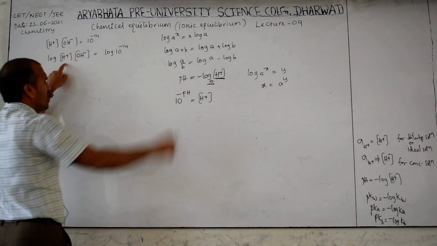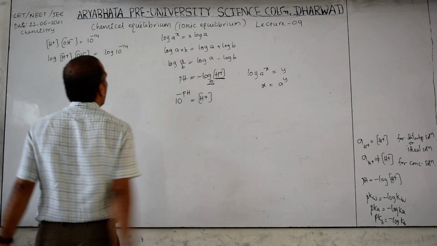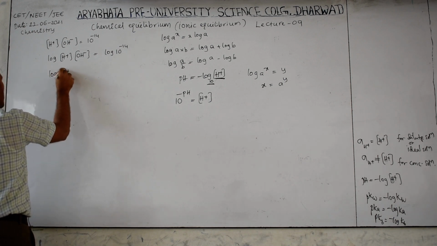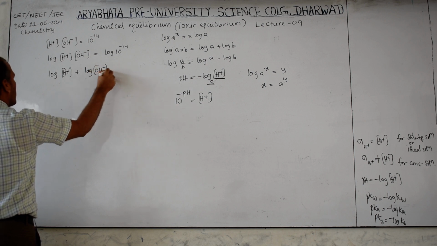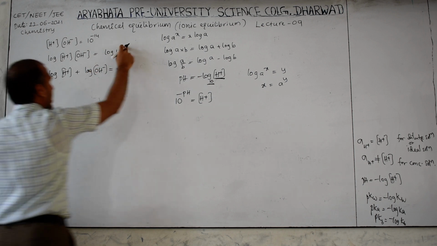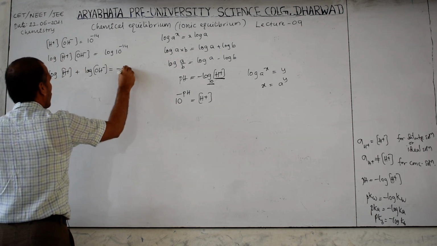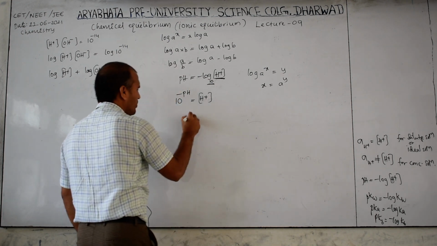Now log A into B, log AB is equal to log A plus log B. So log H plus ion concentration plus log OH minus ion concentration is equal to log 10 power minus 14. Remember, I will write some values here.